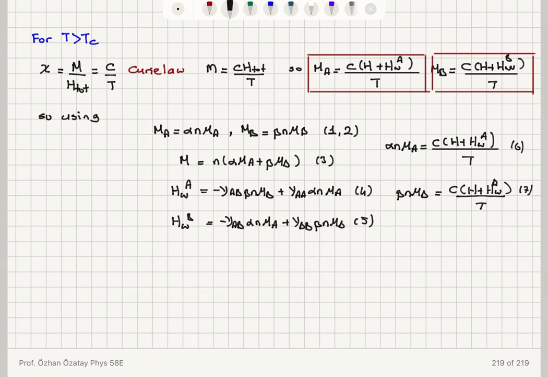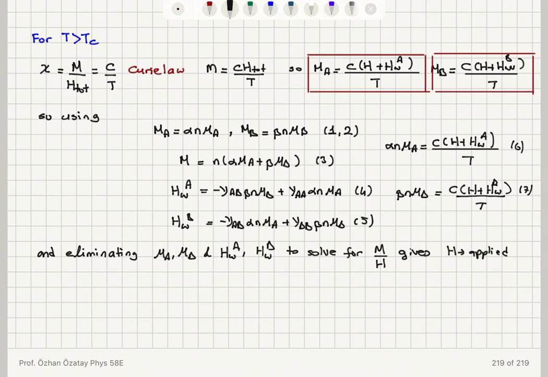So using these equations and eliminating mu A, mu B, Weiss molecular field A, Weiss molecular field B, we solve for the total magnetization divided by H, the applied field.